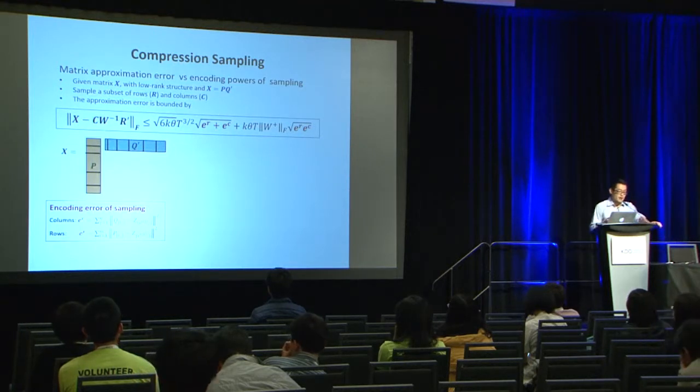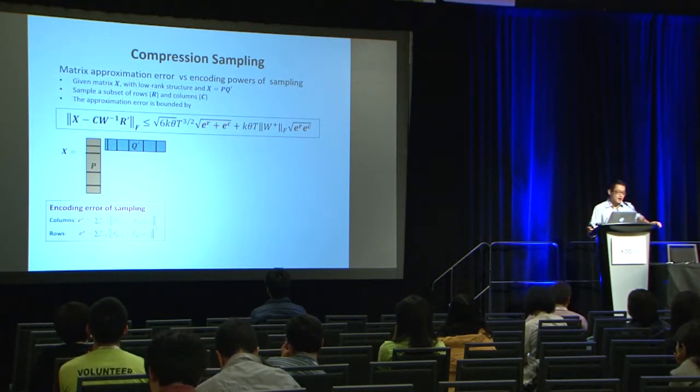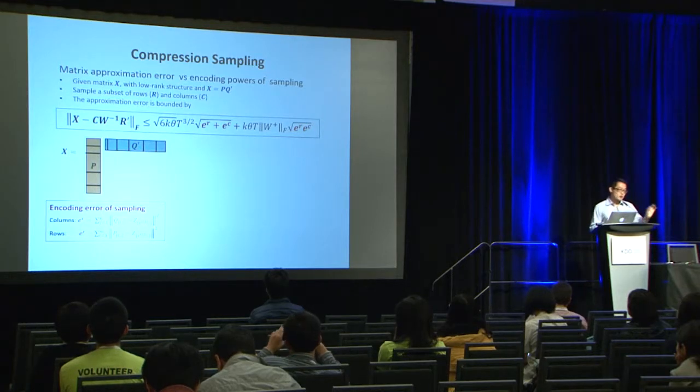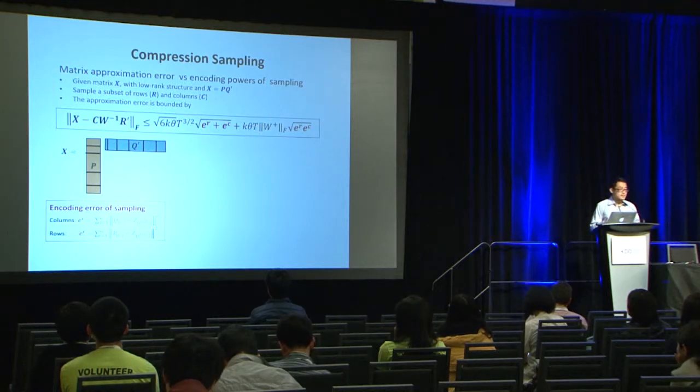And here we have shown that the low-rank approximation error on the entire input matrix is actually upper bounded by the column and row sampling errors. Here, ER and EC are exactly the encoding errors of representing the rows and columns in P and Q prime, which are the exact low-rank decomposition for the moment, with the selected ones.